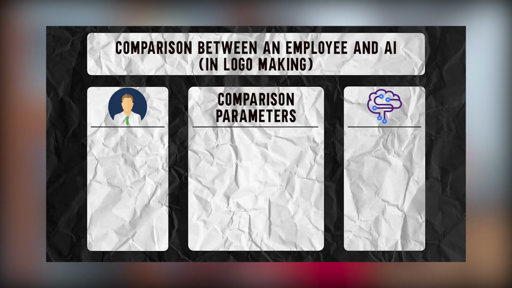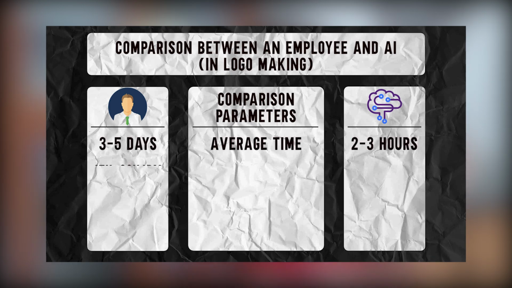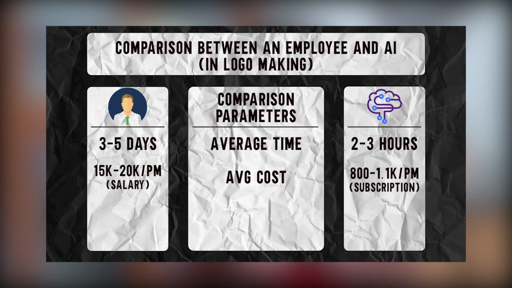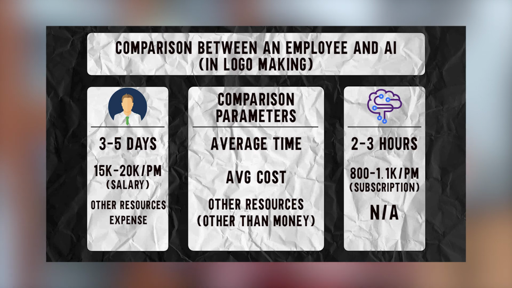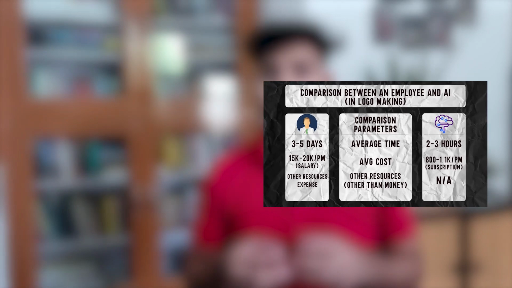If you hire an employee to make a logo, it will take at least 3 to 5 days. Plus you have to pay him salary. Also, you have to pay for the office space that you are going to give him. On the other hand, if you take the subscription model of an AI which can create logo, it will only cost you like $10 to $15 for an entire month, and it will be so efficient that you will have a logo in your hand within 2 or 3 hours.